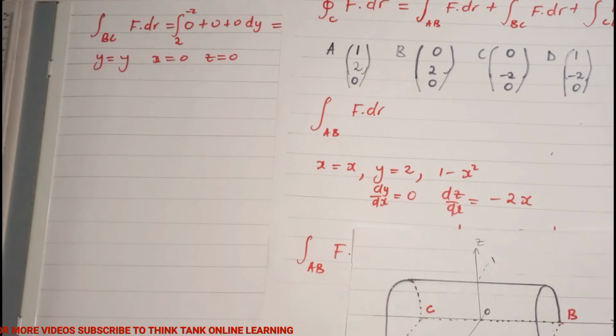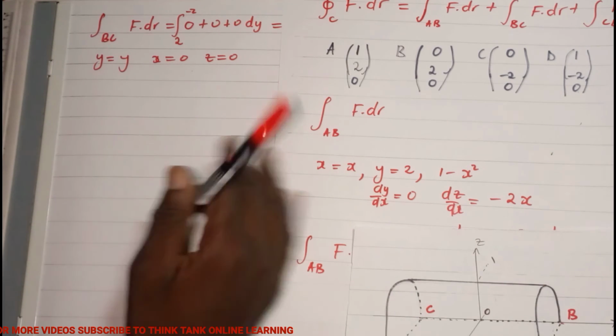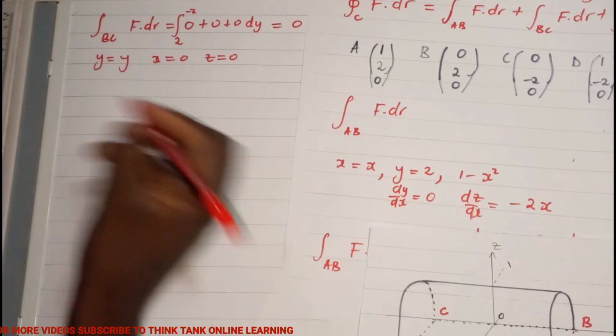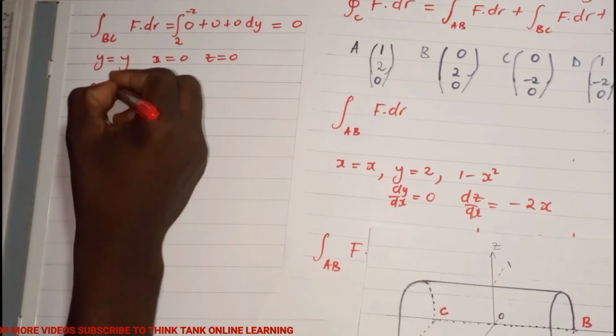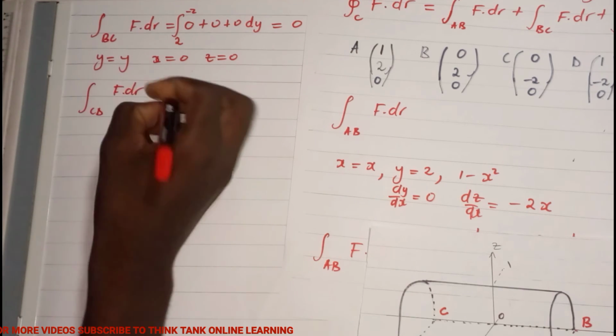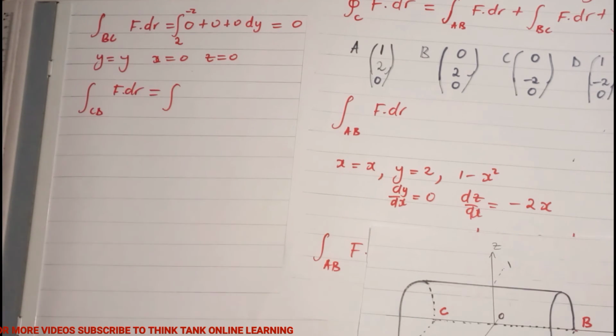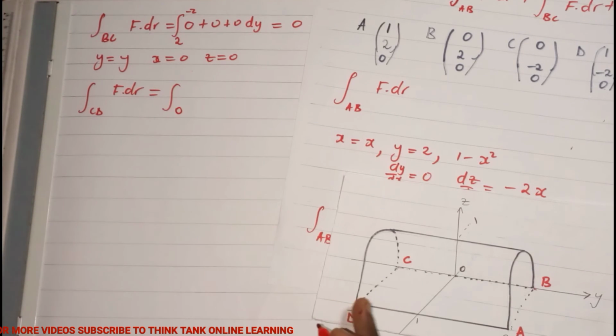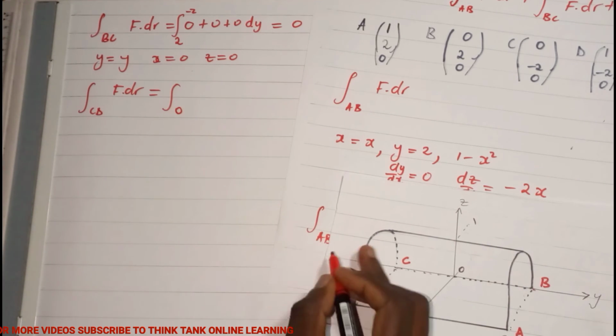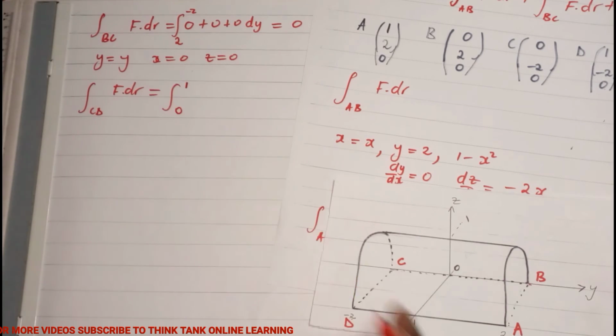So what we're going to do is find the line integral for CD of F dot dr. What is changing? x, initially 0, and final x is now -1, so it's positive 1.